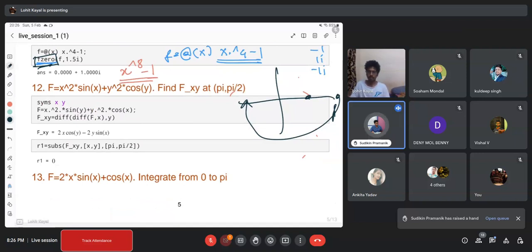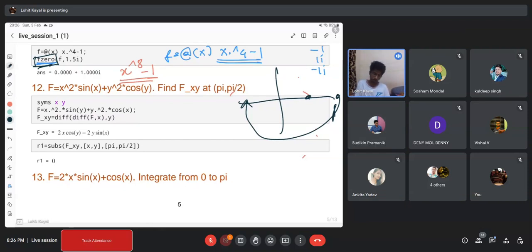Sir, in this graph, if I want to plot somewhere not on the axis, what will be the command for F0? Same thing. If it is not on the axis, it is a plus bi, simple.